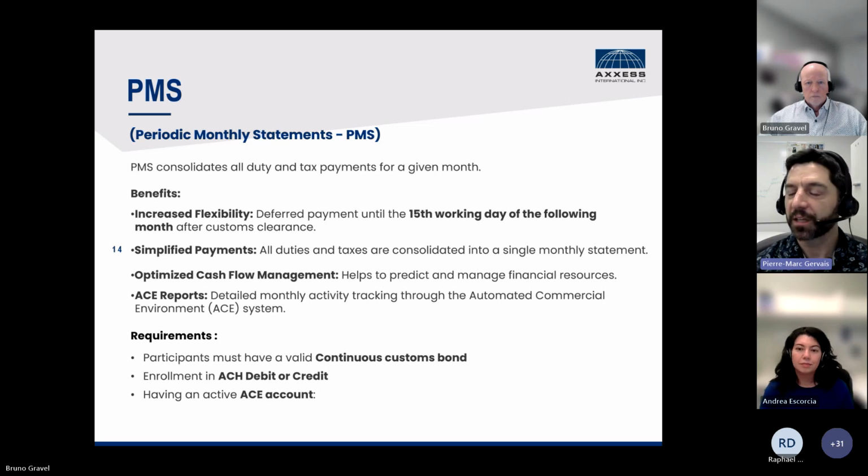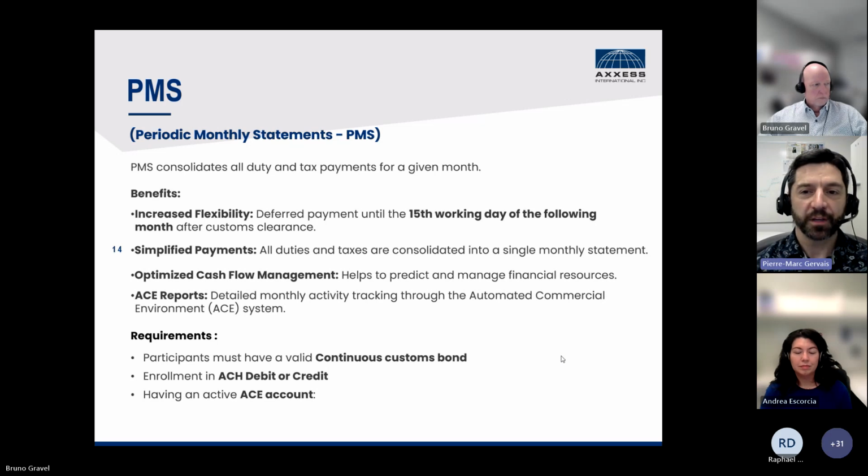It will help you to predict and manage financial resources that are required. And the fourth benefit is if you use ACE reports also. We'll talk about ACE at the end of the presentation, but through ACE, you'll be able to get detailed monthly activity tracking through the Automated Commercial Environment, so the ACE system.